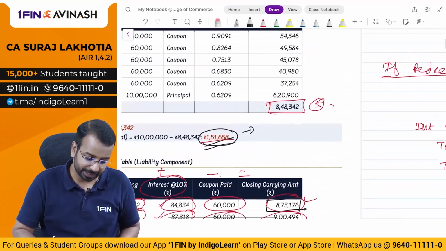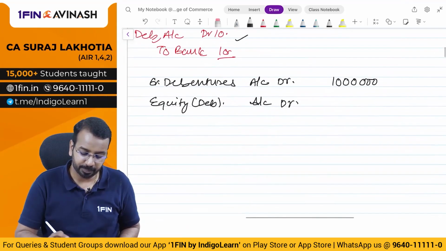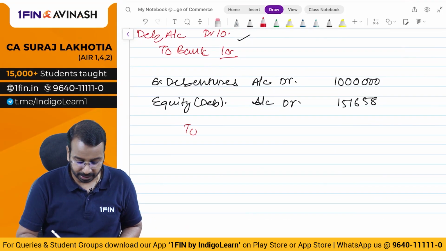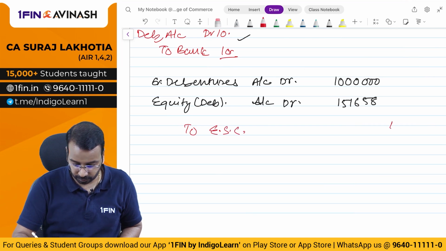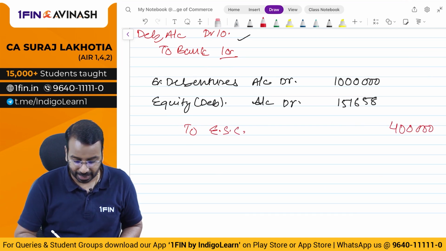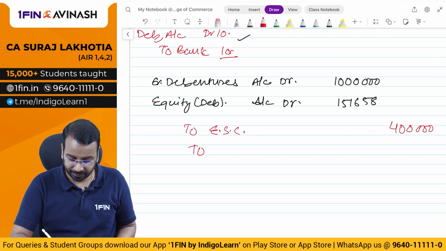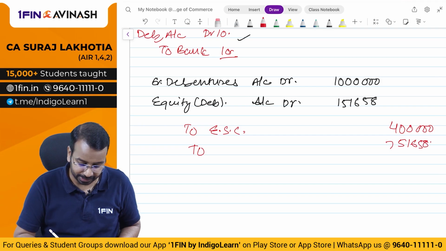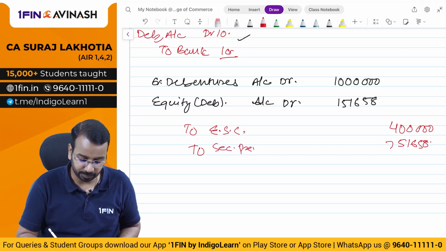So what is that amount? 151,658. To equity share capital, face value 4 lakhs given in the question, and the balance amount, 11 minus 4, 7 lakhs 51,658, will be your securities premium account.